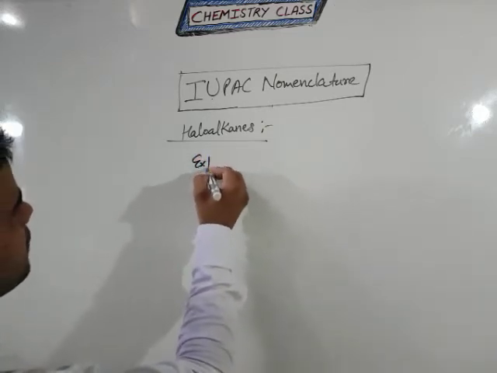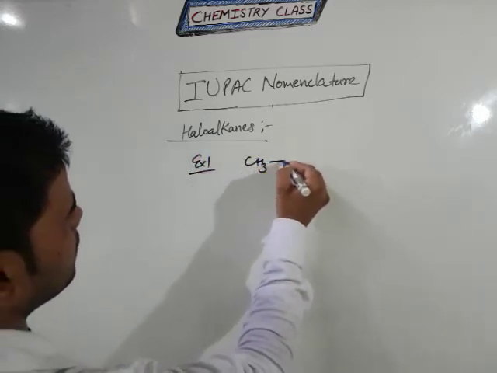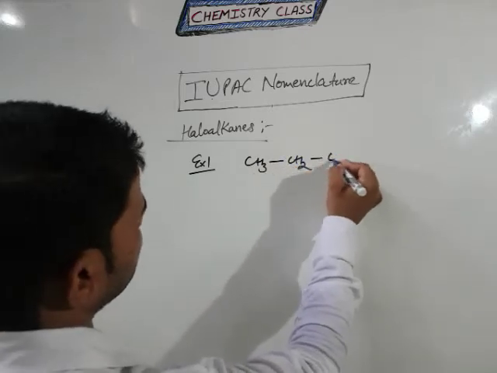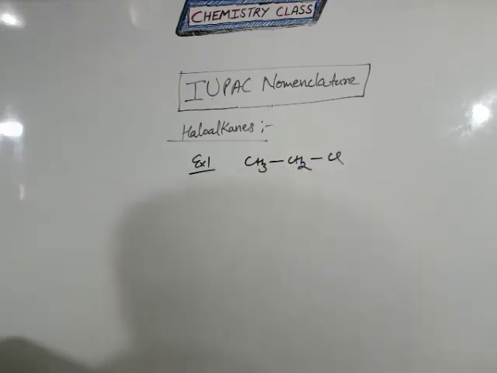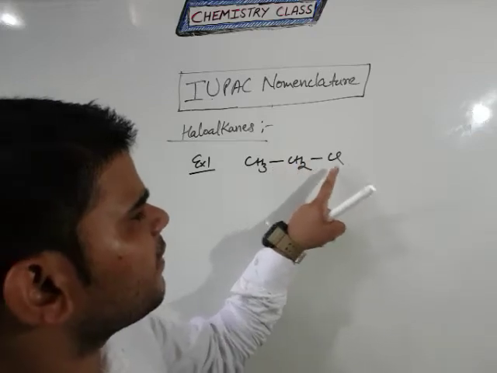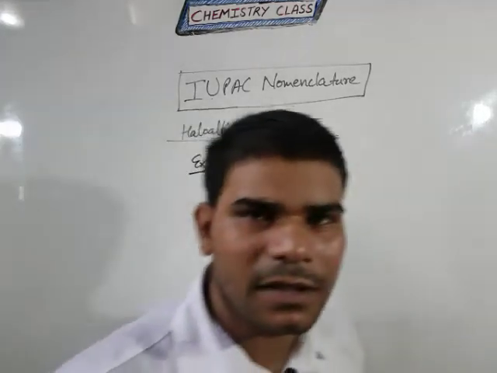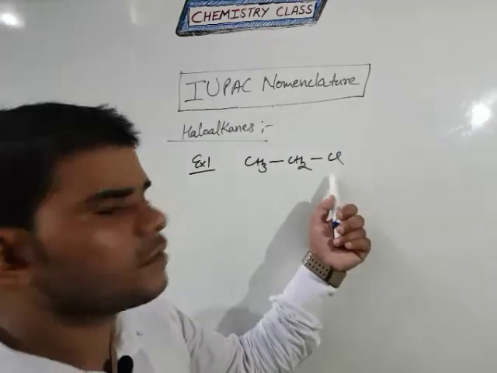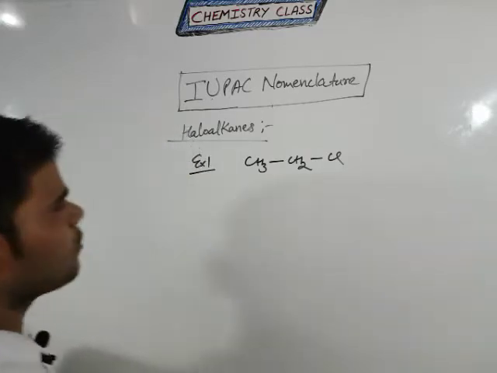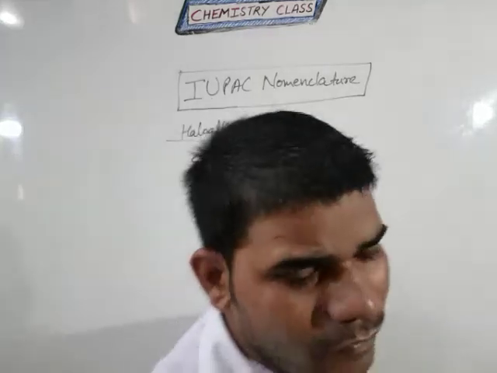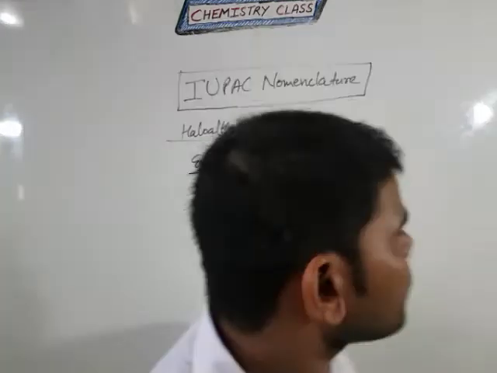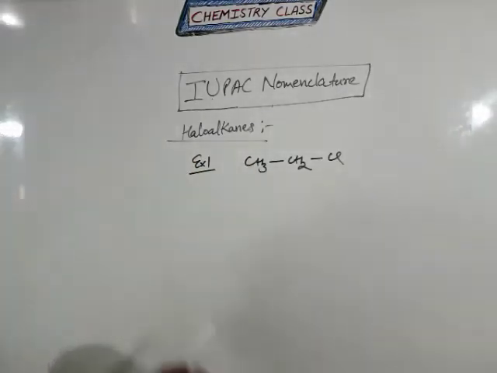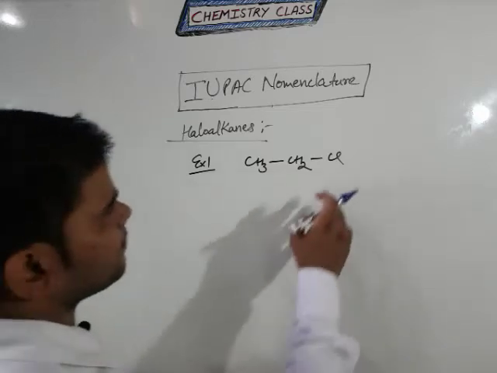for IUPAC nomenclature. So students, see the example here. Example first, CH3CH2Cl. Clear? In this case, this carbon atom has the halogen atom. So what is the criterion for counting in haloalkanes?